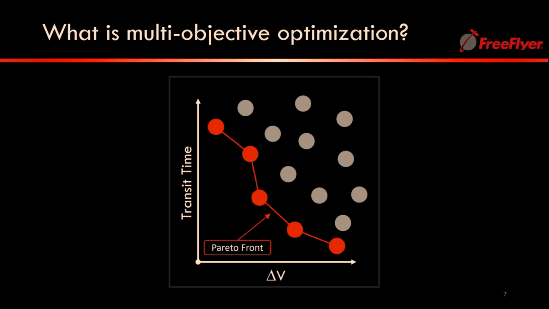And then there will be another set of solutions represented by the gray dots in this diagram that are considered dominated by the Pareto front. In other words, those solutions don't have objective values that are better in any of the categories, so specifically transit time and delta V for this example, than any of the solutions in the Pareto front.